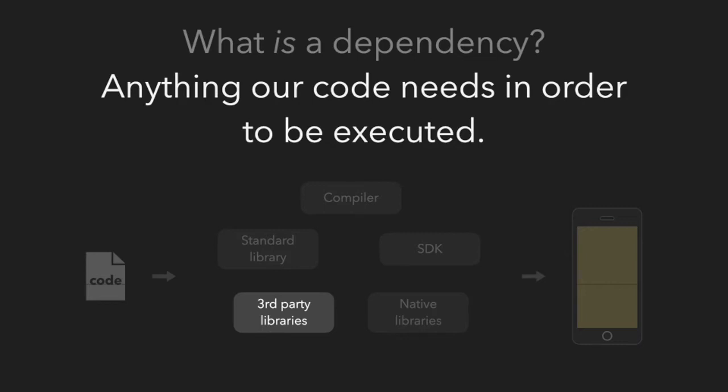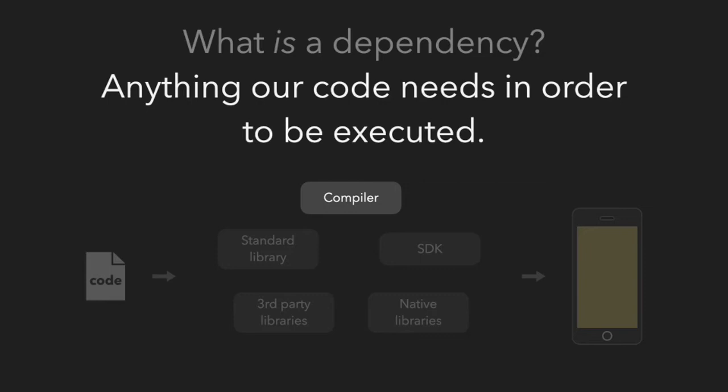On the other hand, a compiler is a lot harder to replace. Especially a compiler that takes as input the language that we're using, and a compiler that targets our platform. There aren't that many compilers that compile Swift code to iOS, or Java code to Android.